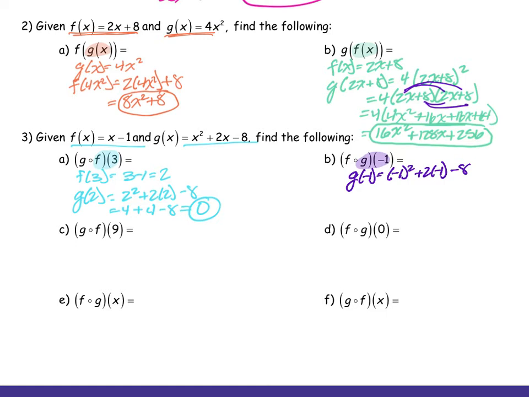No, I didn't. Okay, awesome. So that equals 1 minus 2 minus 8, which equals -9. Then I want to find f of -9. So f is -9 minus 1, which is -10.